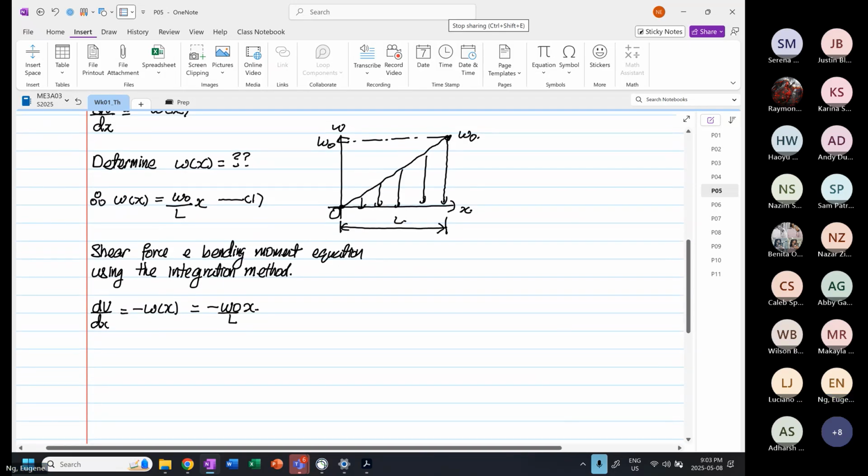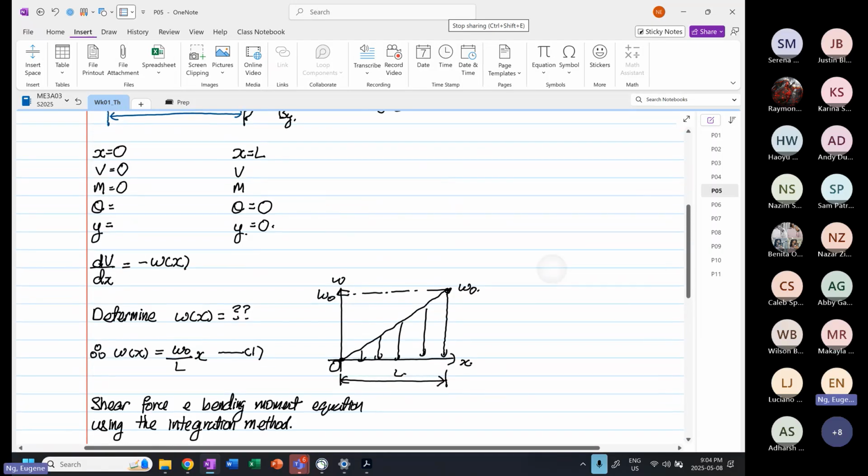Then we integrate. Before I integrate equation number 1, let's name our boundary conditions.